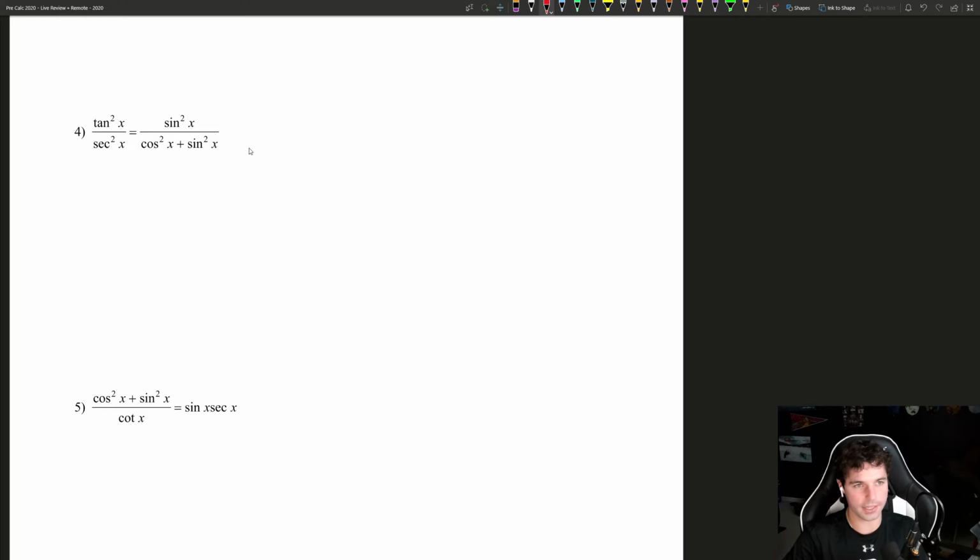All right, so I'm going to rewrite tangent squared as sine squared over cosine squared. And then I'm going to rewrite the 1 over secant squared. Then I can rewrite 1 over secant squared as just cosine squared.